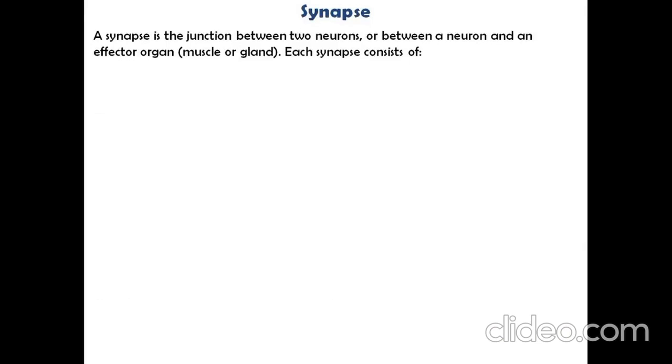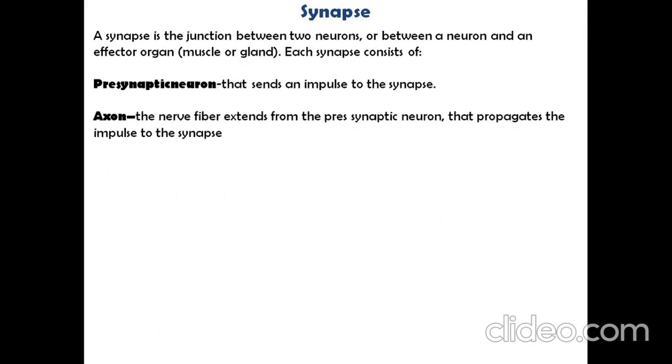Next one is the synapse. A synapse is the junction between two neurons or between a neuron and an effector organ, the muscle or the gland. First one is the presynaptic neuron that sends impulses to the synapse. Axon, the nerve fiber that extends from the presynaptic neuron and propagates the impulses to the synapse.